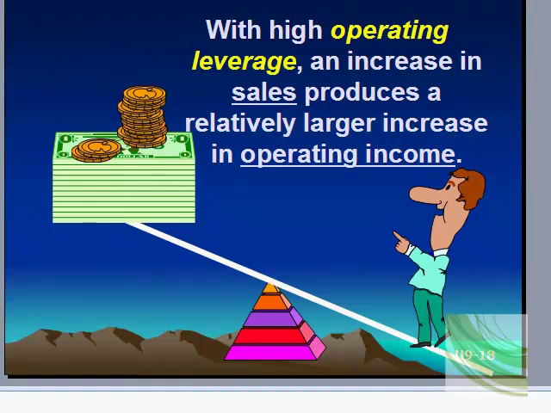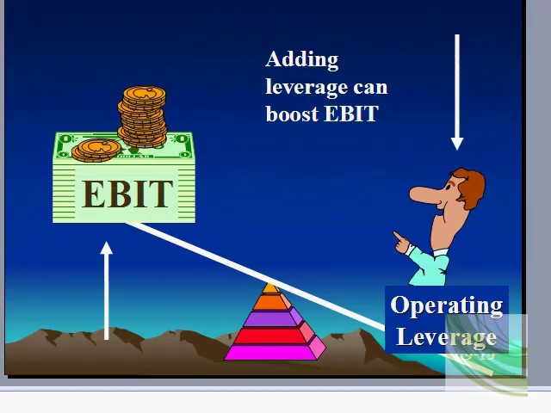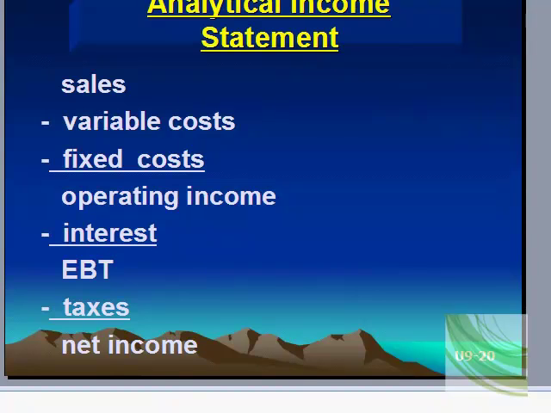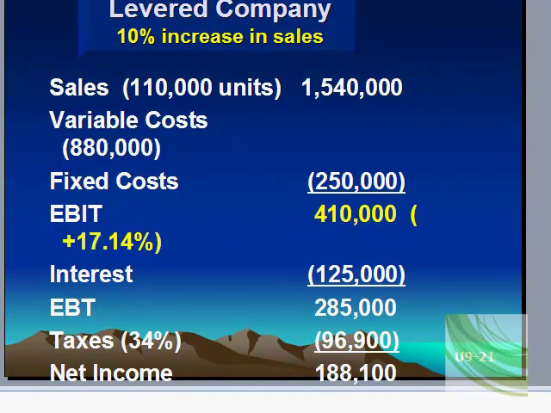But with high operating leverage, you can also improve your profitability because you can use debt to your advantage. Here you have an income statement. Sales minus variable and fixed cost is your operating income, minus the interest. Remember, interest is tax deductible, so companies can use that to their advantage and make more money for the stockholders, not pay more money in taxes.